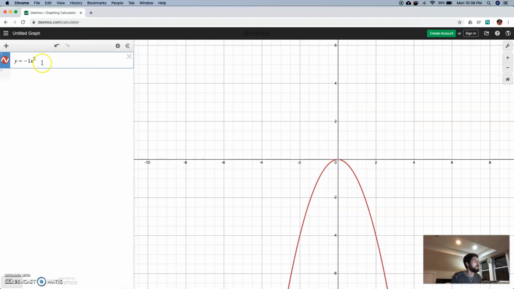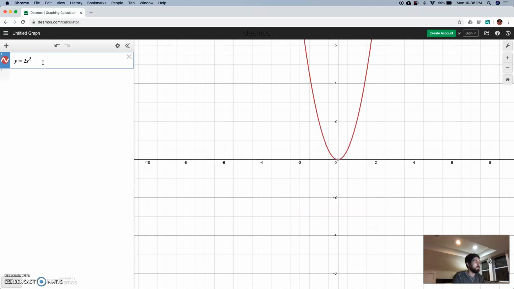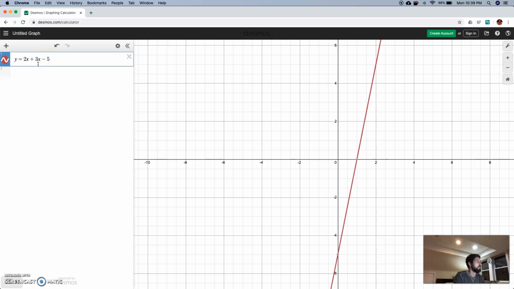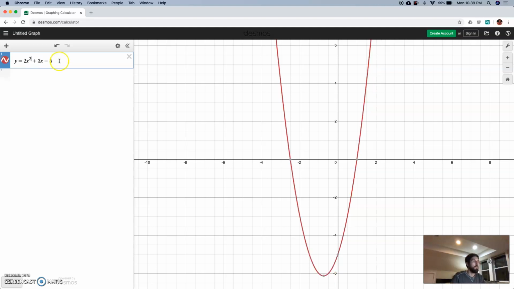If we were to use an example, let's say that we had 2x squared plus 3x minus 5. The leading coefficient here would be that 2, because that's the number that's in front. It's leading, it's in front.